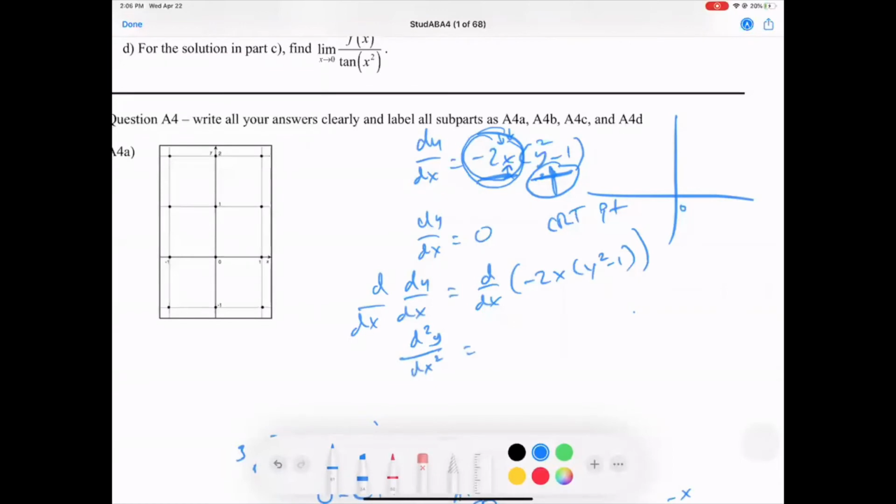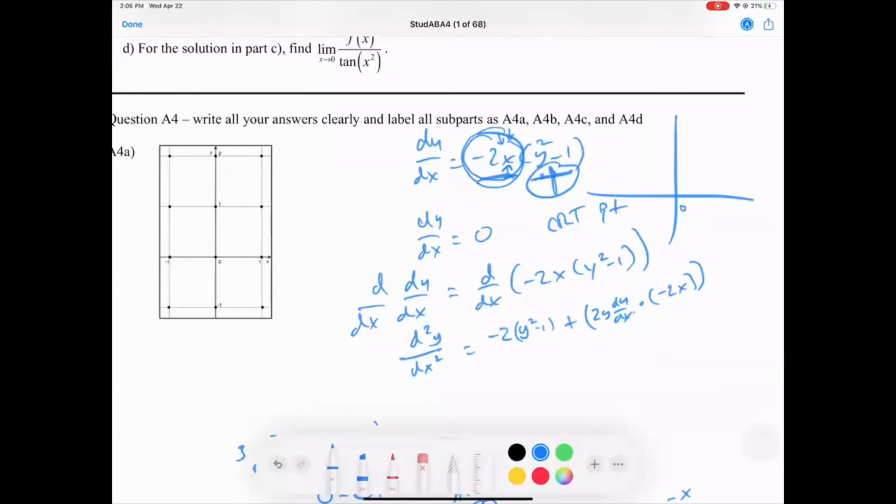Derivative of the front, leave the back alone. Derivative of the back, leave the front alone. The derivative of the front is -2, leave the back alone, plus the derivative of the back, which is going to be 2y dy over dx, and then multiplied by -2x, leaving the front alone.